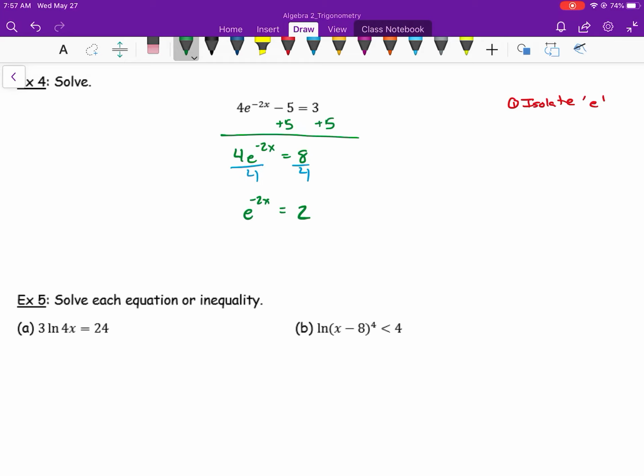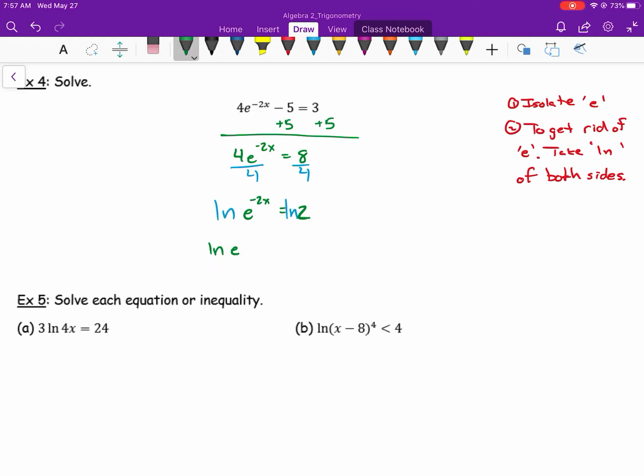Alright, to get rid of this e, I'll make a note over here: to get rid of e, take the natural log of both sides.